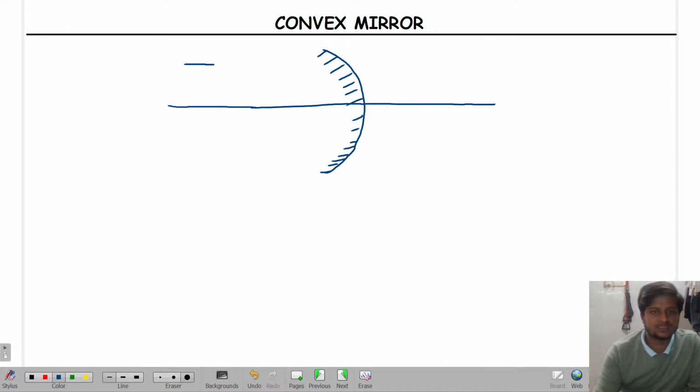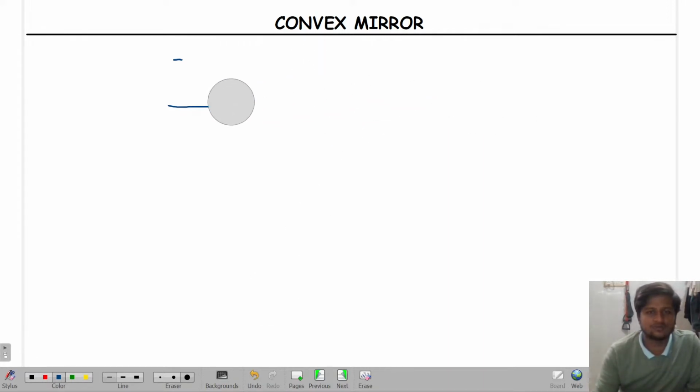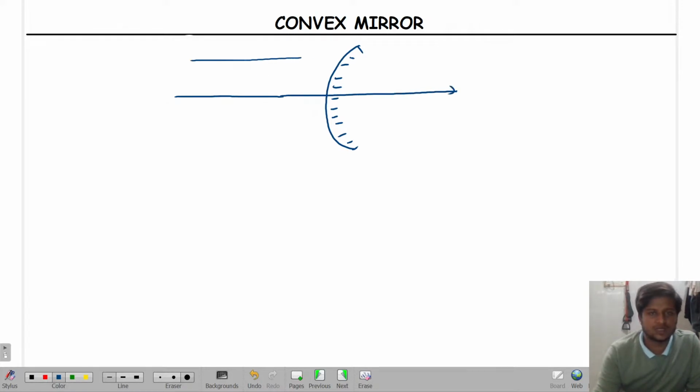Again, the incident light which falls, oh wait, it's very bad. I'm not aware how to draw the convex mirror. Okay, yeah, it is like this. The polished surface is like this. Okay, now incident light falls from the left side. The object is still placed on the left side.